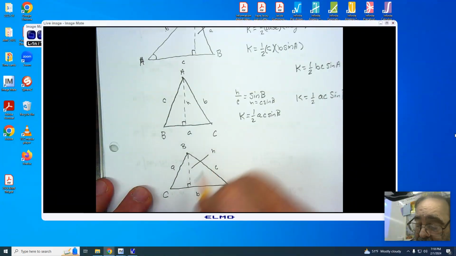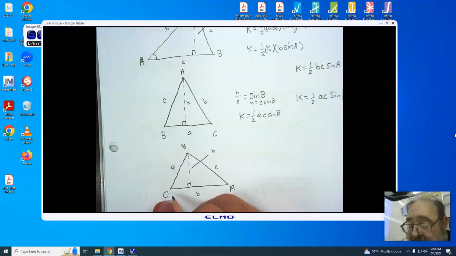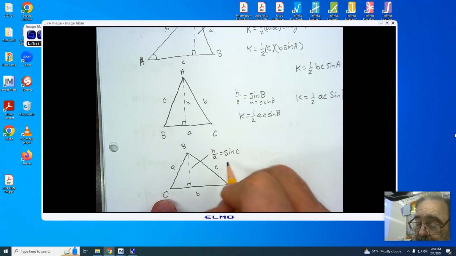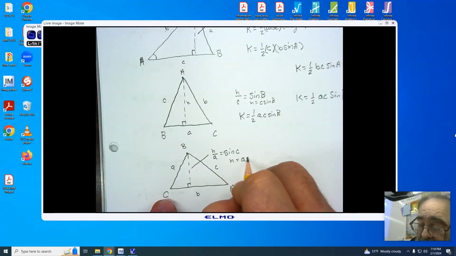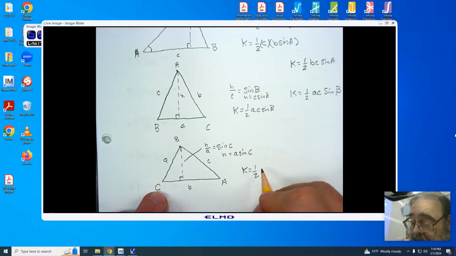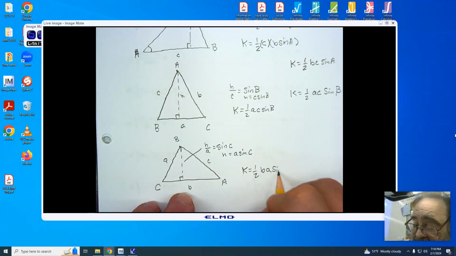Our height is now, in terms of the angle C, height divided by A equals the sine of angle C, which means that our height is A sine of C. Our area formula is 1/2 times side B, A sine of C.